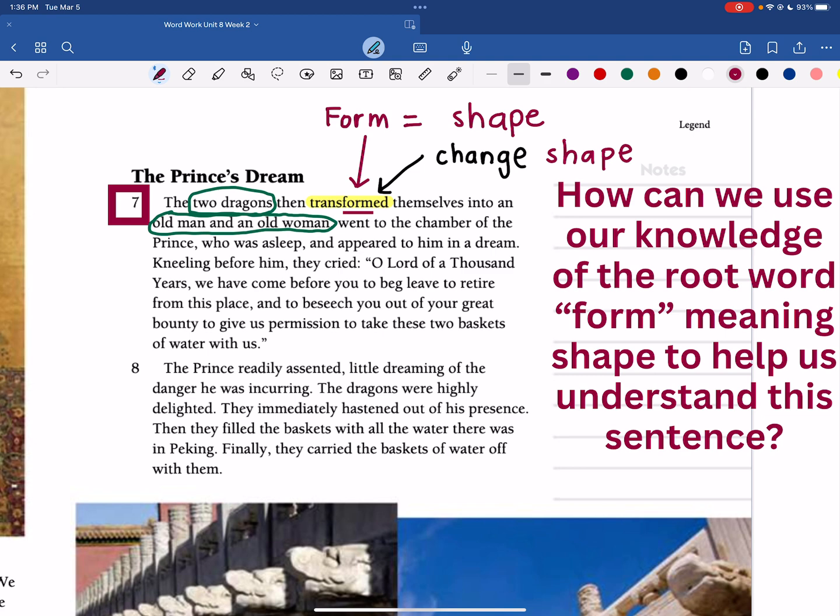I got shape from the root word, and I got change from the context in this sentence, which I circled. So you've seen 3 examples now of how I use my root word knowledge in order to help understand the word and what's going on in the sentence. We're going to keep doing that.